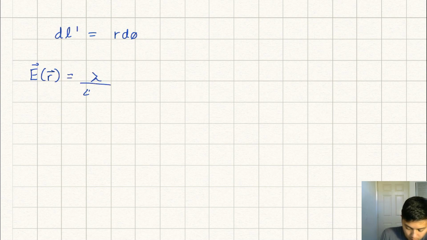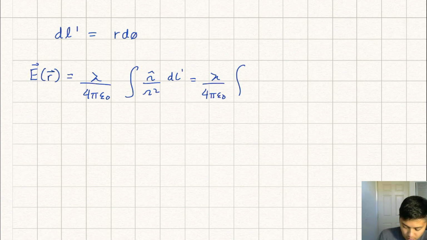So I have lambda over 4 pi epsilon naught. Now I have the integral of r hat over r squared dl prime, which is equal to, one more time, the coefficients out front.